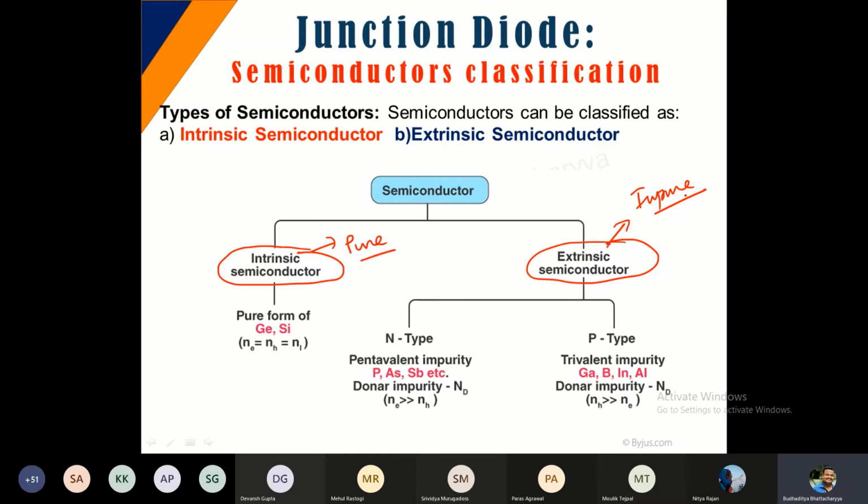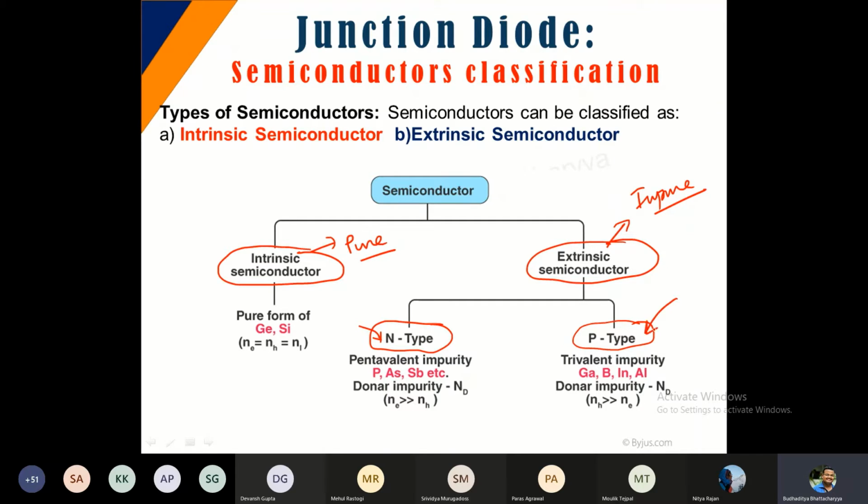So this is basically the classification: within the extrinsic semiconductor, the most famous are N-type and P-type. N-type is separate, P-type is separate. N indicates that electrons are prevalent, electrons are more. That's why it's called a donor impurity. I'll come to that in the next slide.